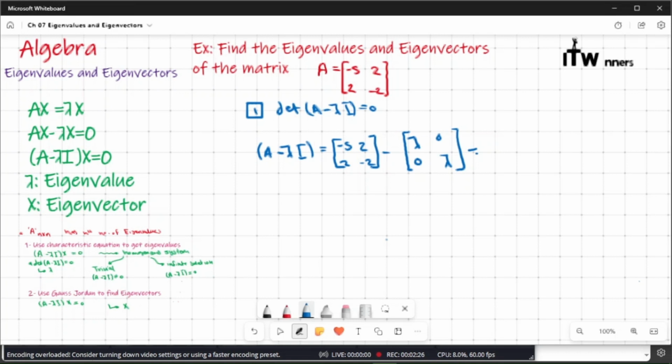So this will lead us to negative 5 minus lambda, 2, 2, negative 2 minus lambda.